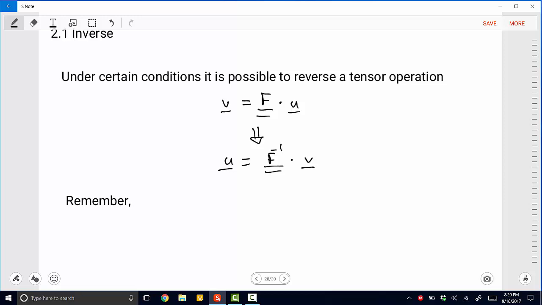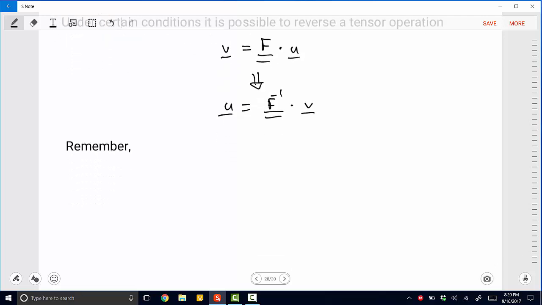We'll learn later on the specific rules required for an invertible tensor. But for now, let's try to identify a relationship that tells us something about invertible tensors. So let's remember our identity tensor. Remember that if we have an identity tensor, then the input vector and the output vector are equal to each other. So u is equal to I dot product u.